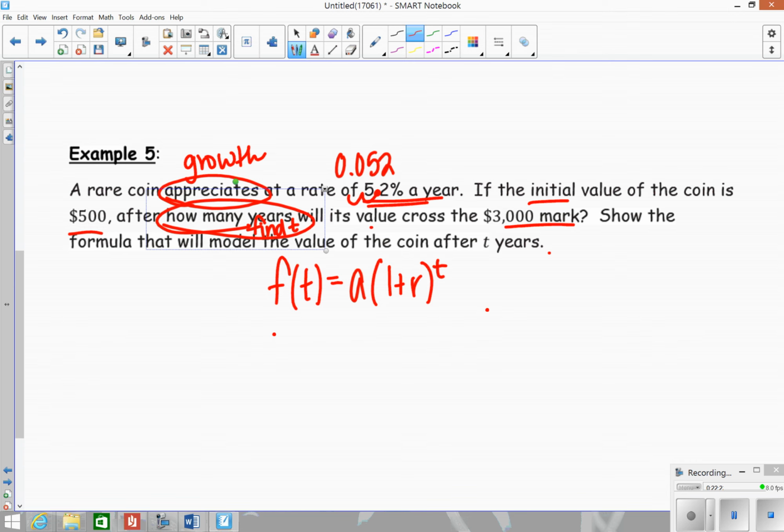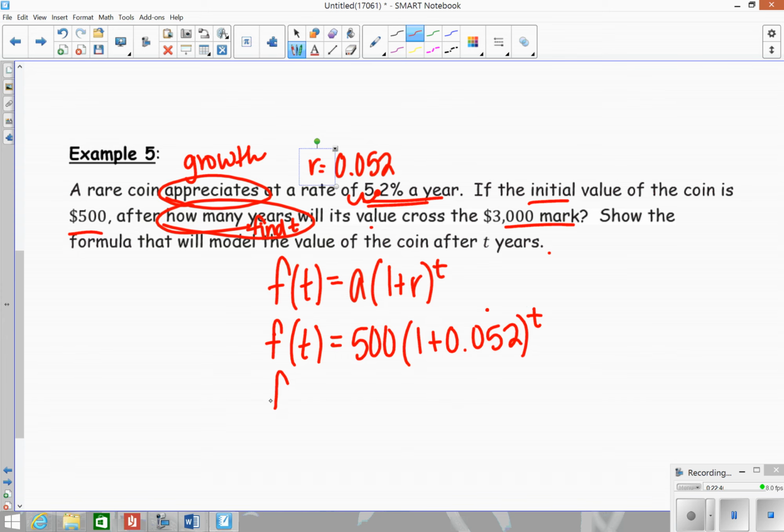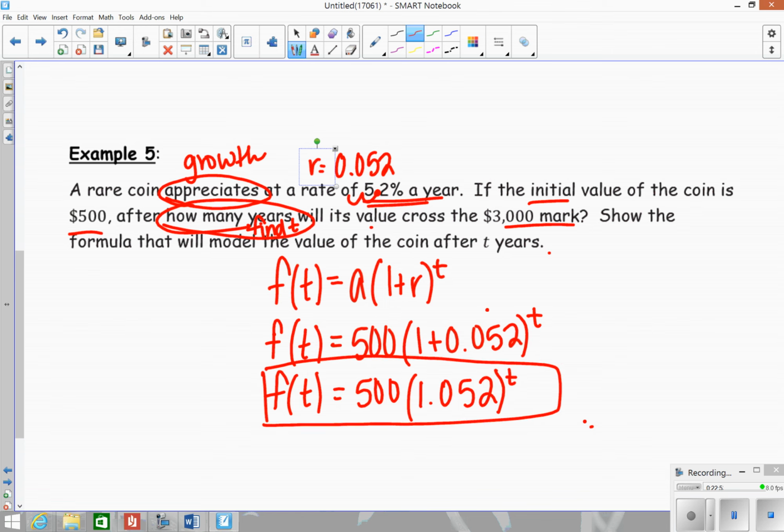So just make sure that your rate is 0.052. So my initial is going to be 500, 1 plus the rate, I'm going to keep t, and then I'm just going to combine my 1 and 0.052, so I get 1.052 to the t. So here's my formula that will model the value of the coin after t years.